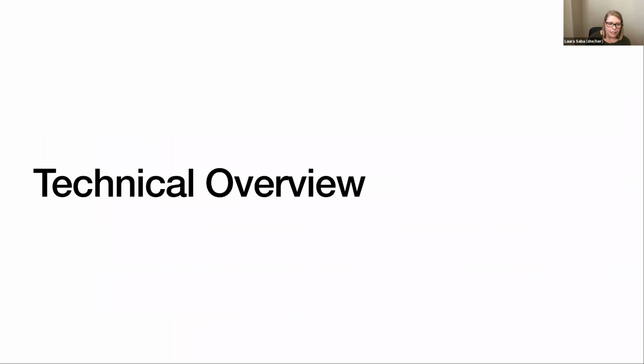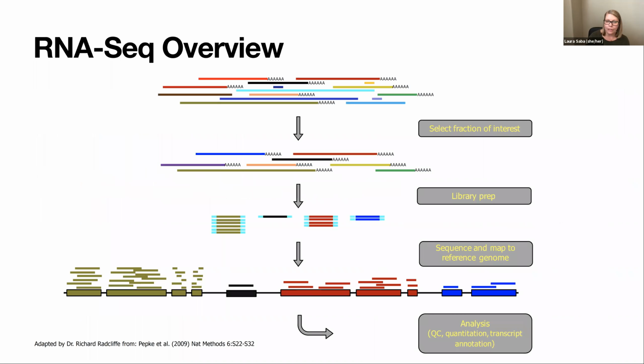And so that brings us to the technical overview. This is meant to be a beginner's guide. So if you are a complete novice to RNA-seq, this is kind of the general overview of what happens. So you take a sample of interest, you isolate or extract the RNA. Then the next step is to decide what fraction of RNA you're most interested in and select that out of your pool of RNAs.